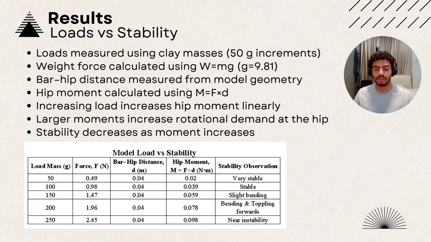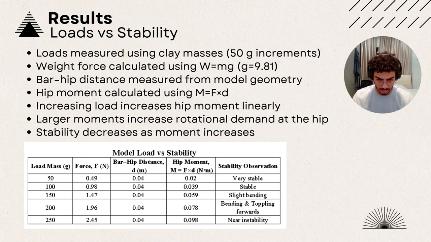What do I mean by estimated values? Well, the loads we created using clay masses that we started from 50 grams and kept increasing in equal increments. Of course, we measured the entire bar, so this includes the wooden bar and the clay. We also ensured that at each end of the bar we added equal masses of clay.